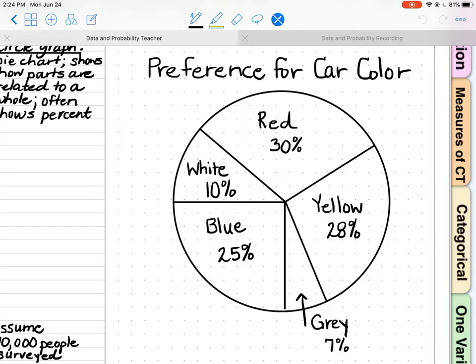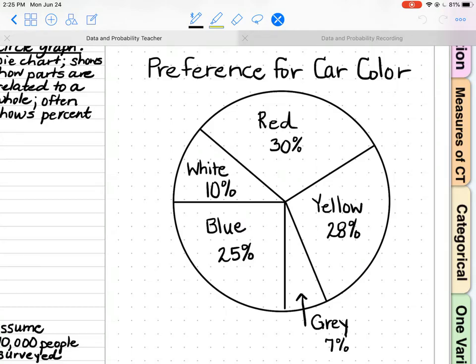I may call people on the phone and ask them, given these choices, what is your preference for car color? Remember the kind of data we're talking about: categorical, things that I can put into categories. In this case, I have red cars, yellow cars, gray cars, blue cars, and white cars.